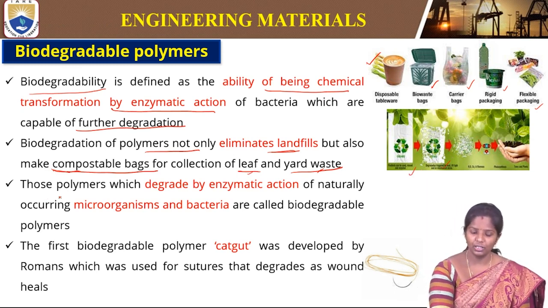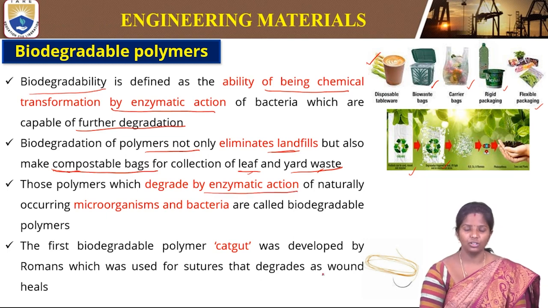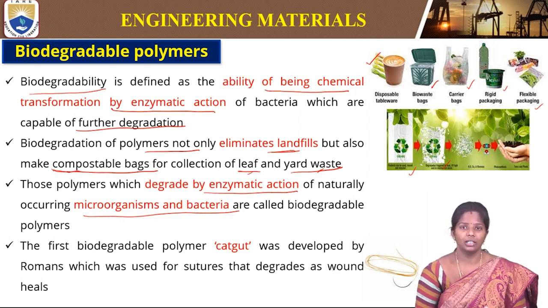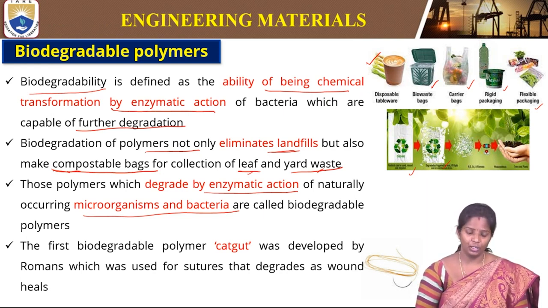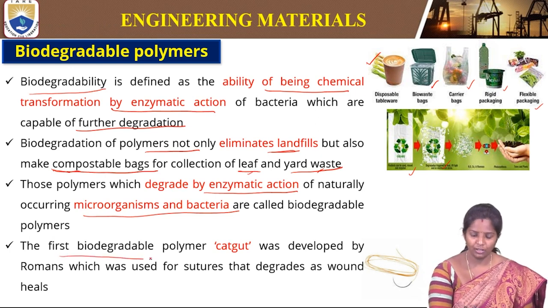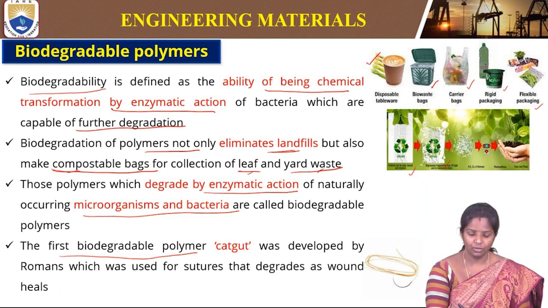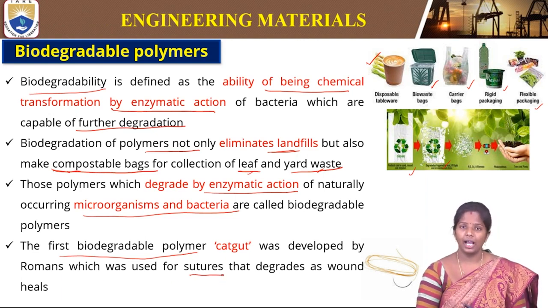So these polymers which degrade by the enzymatic action of naturally occurring microorganisms and bacteria are called biodegradable polymers. Naturally they are getting degraded into the soil, the earth or water. So the first biodegradable polymer is catgut, which was developed by the Romans and used as sutures that degrade as the wound heals.